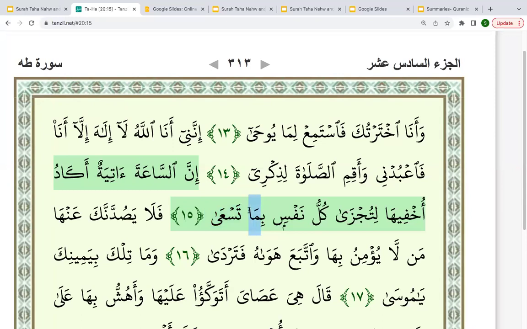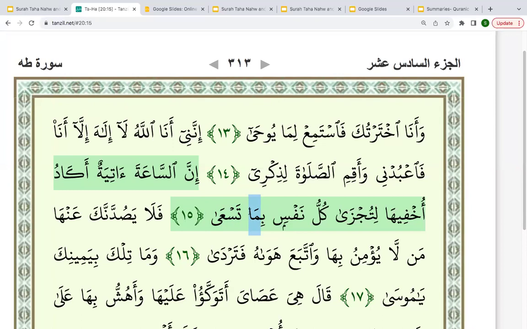Because if you call it masdariya, what is it going to be, an ism or a harf? When you call it masdariya, it is going to be a harf. Barakallahu feek, very well done. And no, masdariya is harf by itself. If you're just looking at ma, it is harf masdariya.